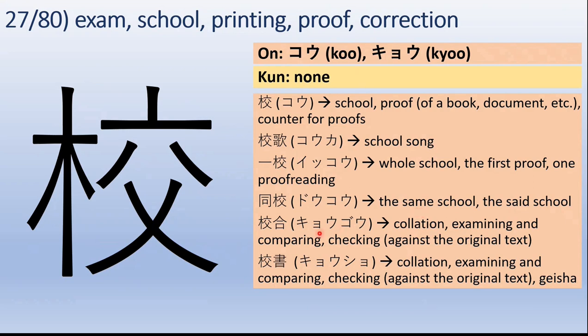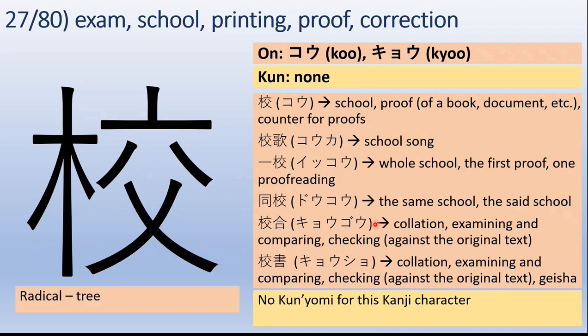Then we have kyogo, which means collation, examining and comparing, checking against the original text. That is, once again, it gives the meaning of proofreading. And then finally, we have kyosho, which means collation, almost the same meaning. No kunyomi, as I said earlier, tree radical, and this is the stroke order.